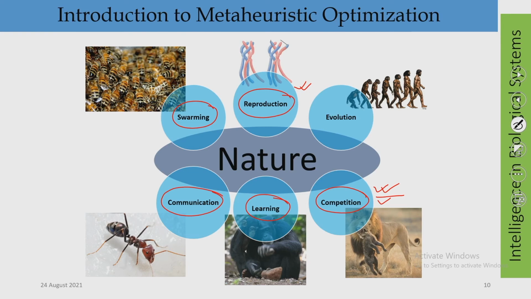Now, what we are doing basically is looking at these natural processes, the phenomena happening in nature, the intelligence in biological systems. If you look at it, everything is optimized. Suppose ants are searching for food.